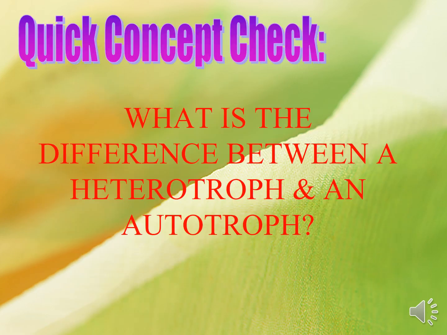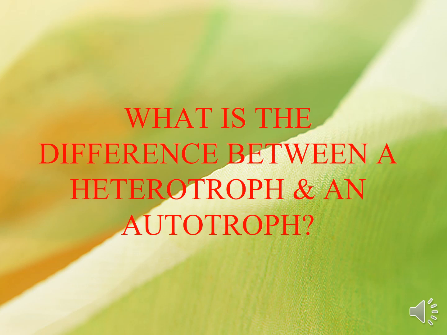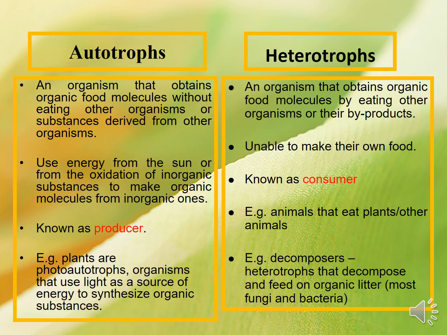Okay, now this is only additional knowledge for you regarding heterotrophs and autotrophs. If you look at the slide, you can see what an autotroph is and what organisms you can categorize under heterotroph.